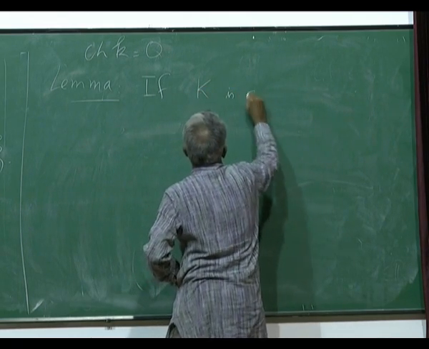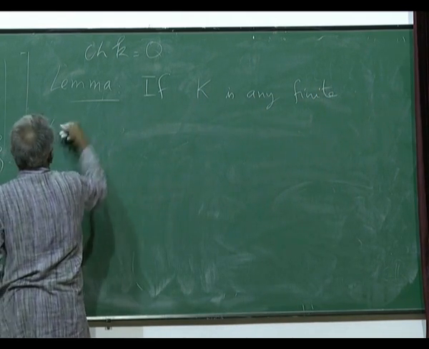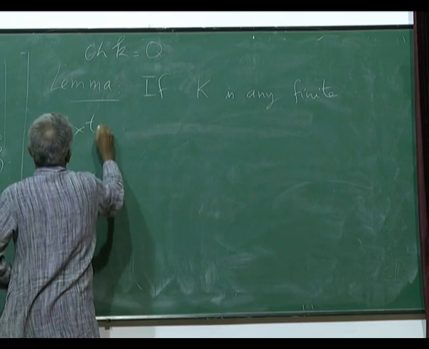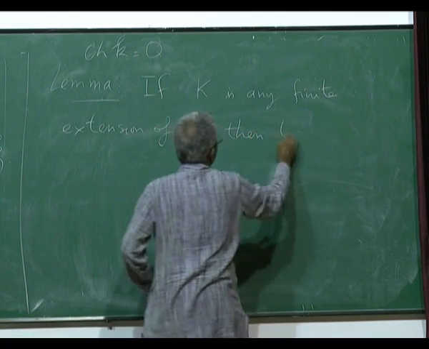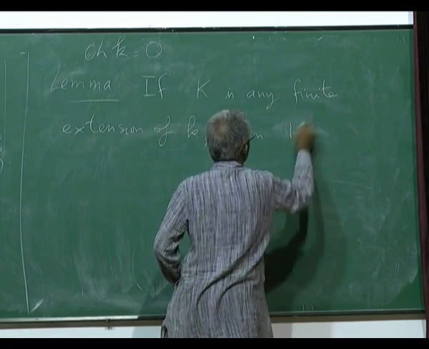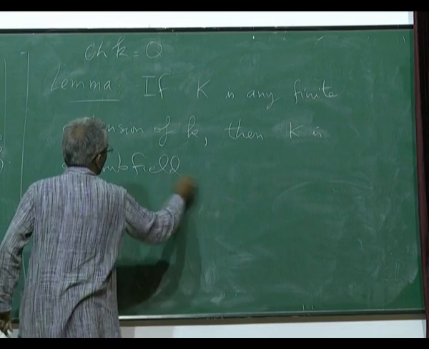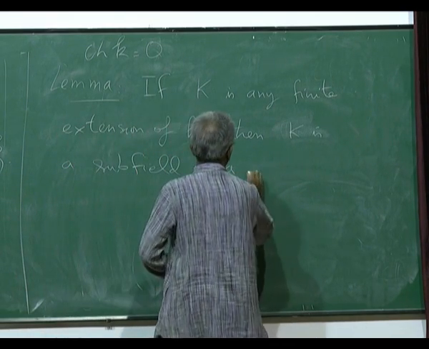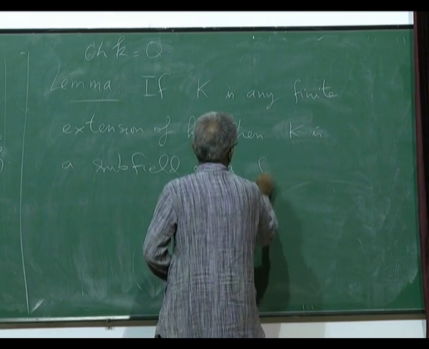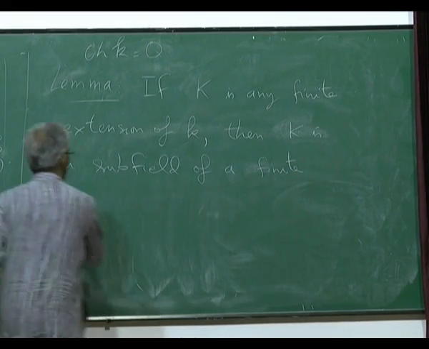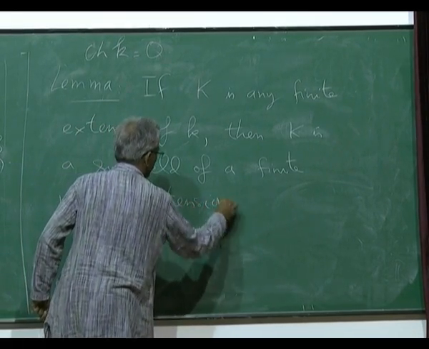If K is any finite extension, finite, so separable is clear now, finite extension of small k, then K is a subfield of a finite normal extension.